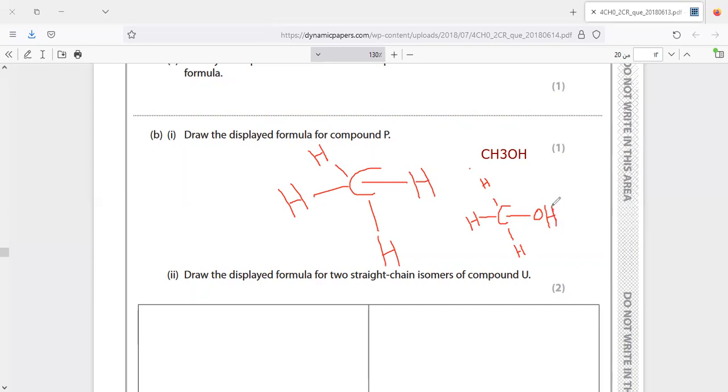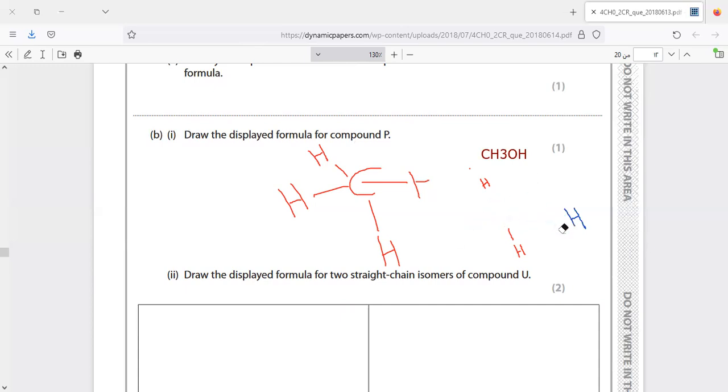Why? Because there should be a bond between the O and the H. In a displayed formula, you have to show all bonds, so you must draw O bond H. The common mistake is that most students, when they start to draw a displayed formula, write OH as one block.